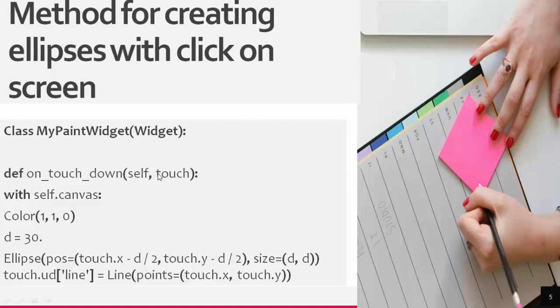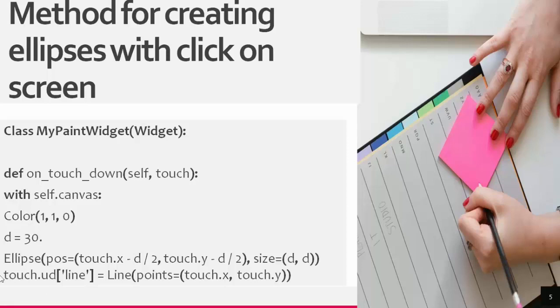So once the method is created, inside that we'll define with self.canvas, and inside the canvas we'll define the color code and the dimension as d equal to 30 and color as 1, 1, 0, which is a yellow color. Similarly, you can provide red or blue or green as you want.